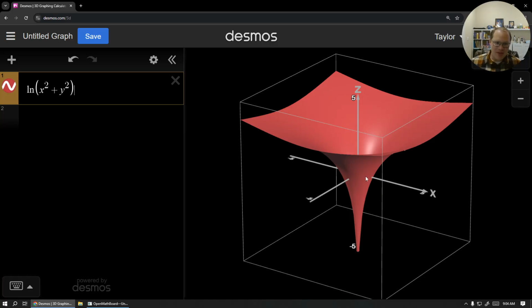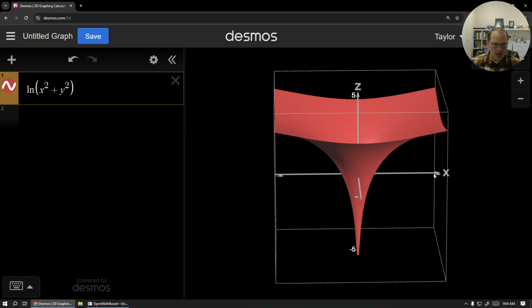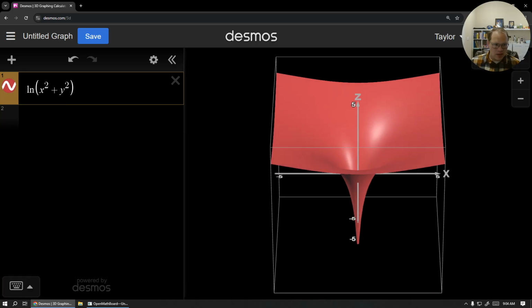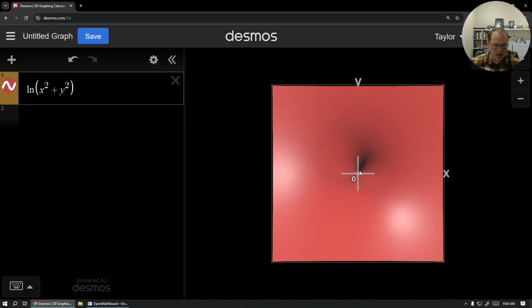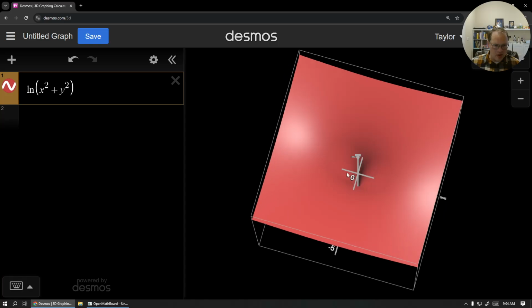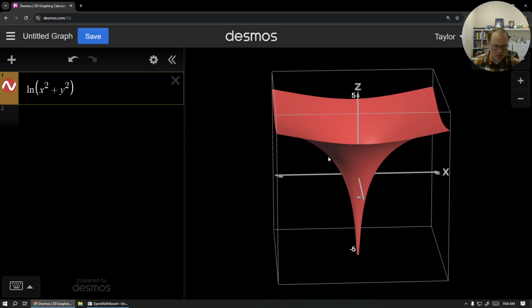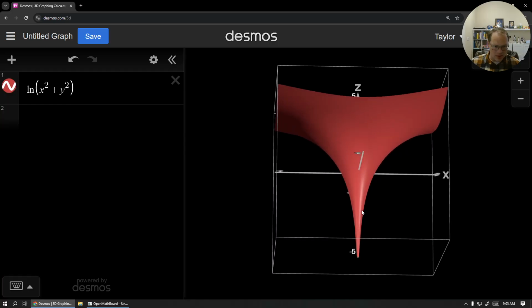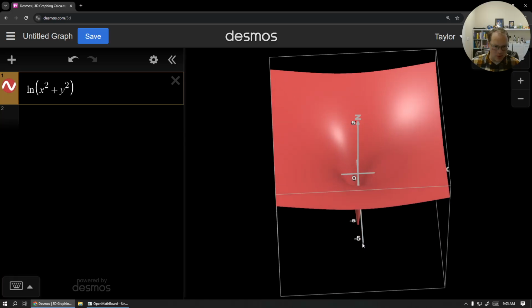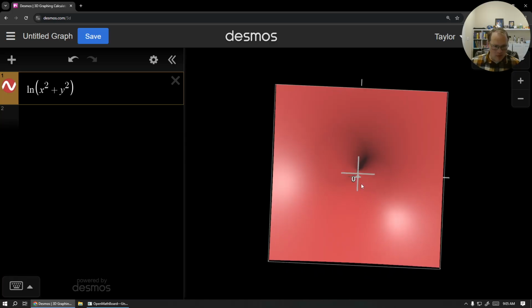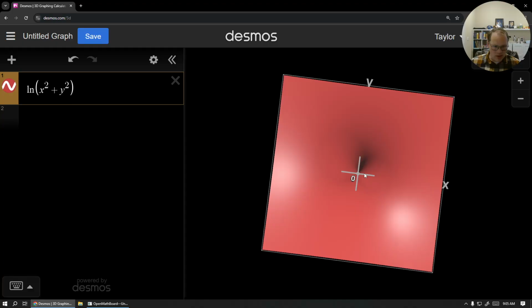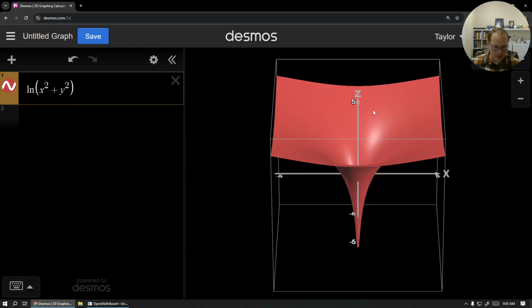And so what we did is we took a look down the xy plane here, and we saw that the only point of discontinuity is at the origin, that point (0, 0). It just keeps on going down and down and down. We never reach it. Everywhere else it's continuous. It's just that point at the origin that's discontinuous.